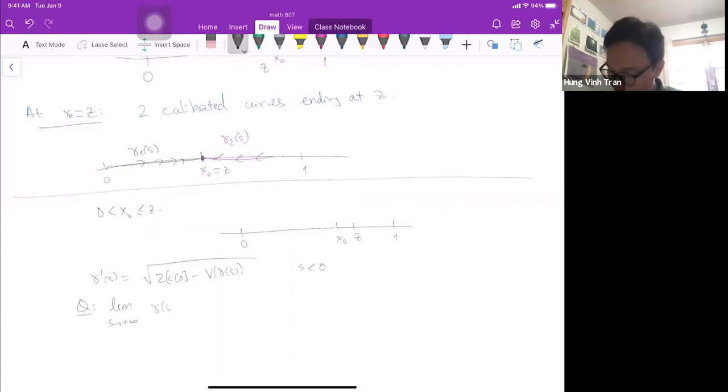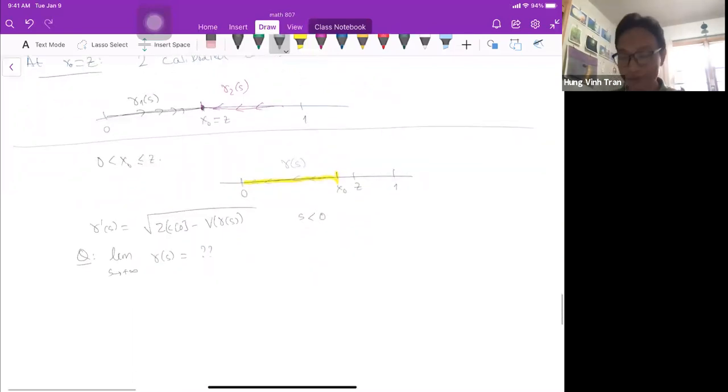Does it go exactly to 0? You start at this point and you're going backward, right? I'm switching the time now, I'm going backward in time, so are we going to approach the point 0 in finite time or infinite time? Okay, that's the question. So here's a fun point.